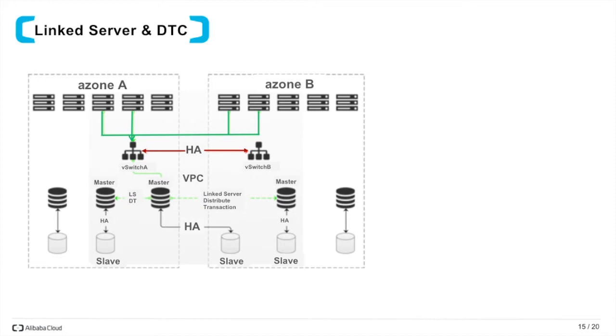In this scenario, you can use a linked server and VPN or Express Connect, which is another excellent network product that offers a dedicated private network. We offer these features for 2012 and 2016 high availability editions.